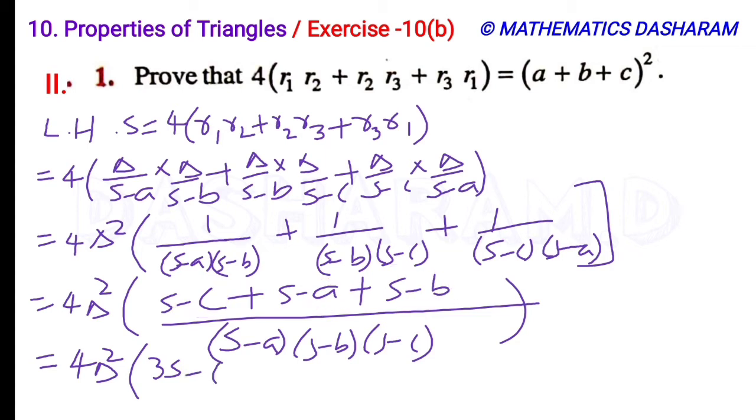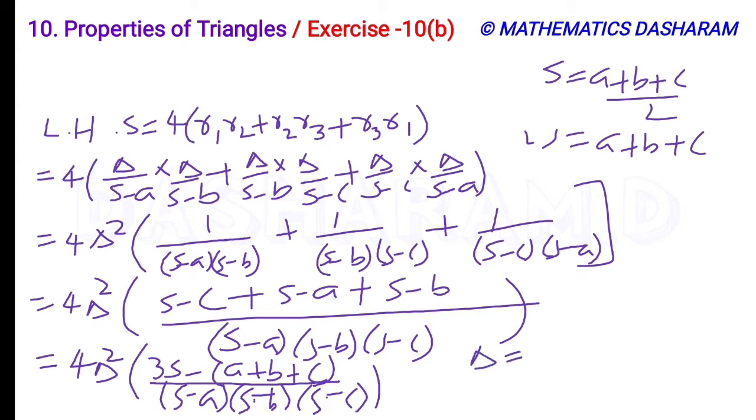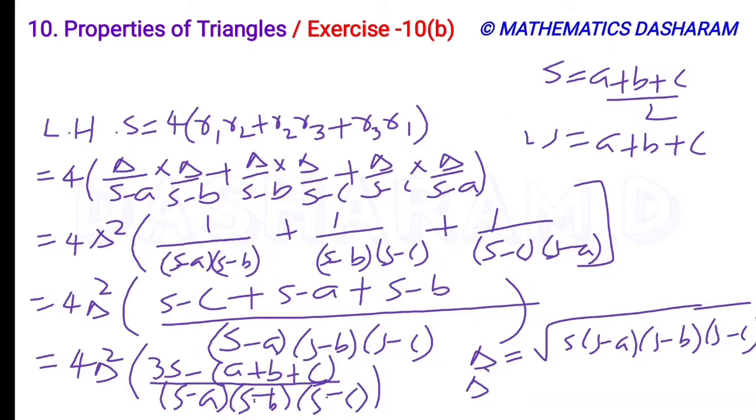So minus bracket of A plus B plus C divided by S minus A into S minus B into S minus C. Next, S equals A plus B plus C divided by 2, then 2S equals A plus B plus C. Next, one more formula, delta equals under root S into S minus A into S minus B into S minus C. From this, delta square equals S into S minus A into S minus B into S minus C. And this S transposed to left side, delta square divided by S.